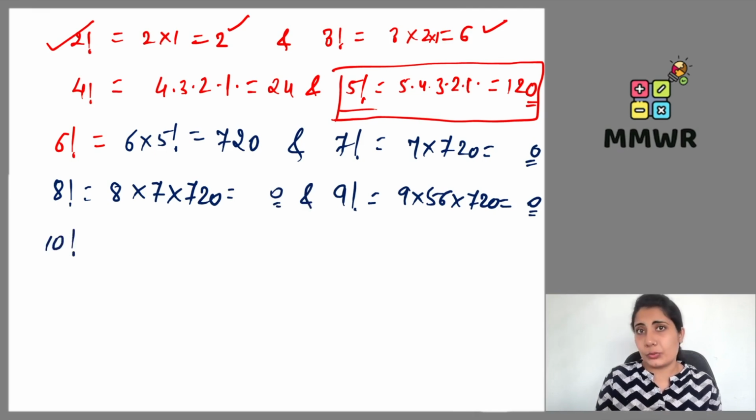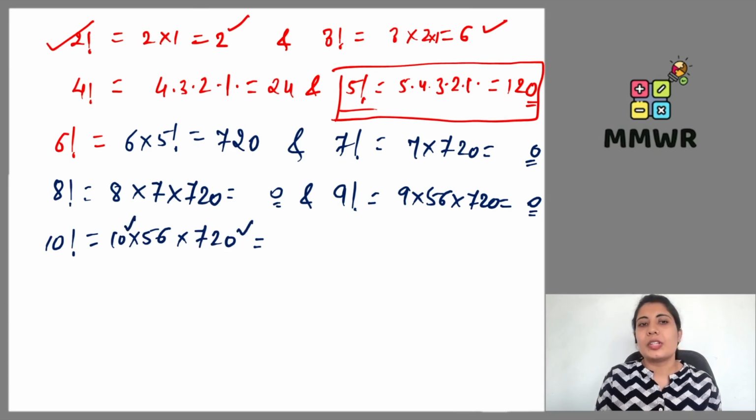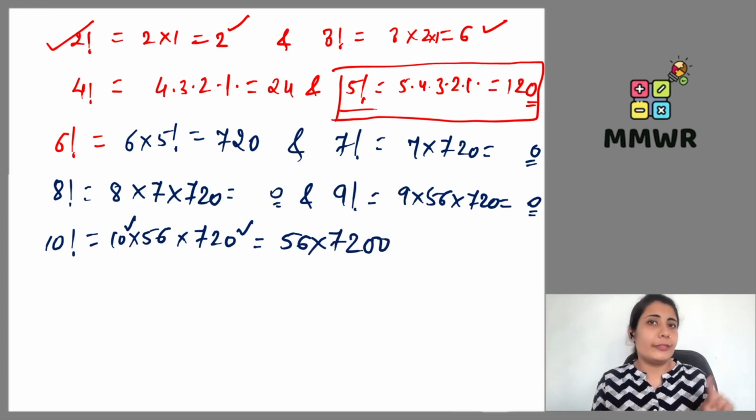Then we have 10 factorial. So 8 7s are 56, 9 multiplied by 10 is 10 and 720. So we can see here we got 2 zeros. Whatever is the number, 56 multiplied by 72, when I take the product, I'll definitely get 2 zeros at the end.